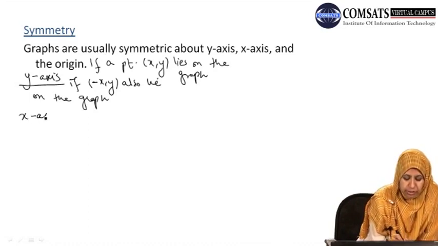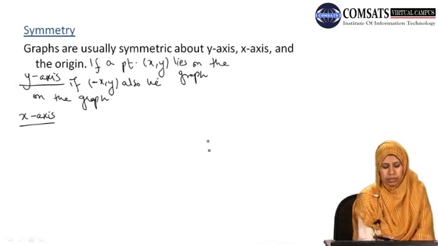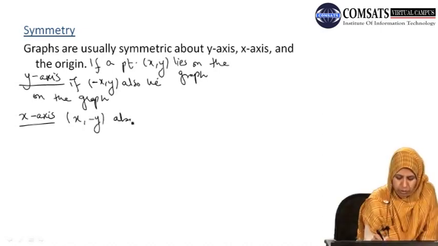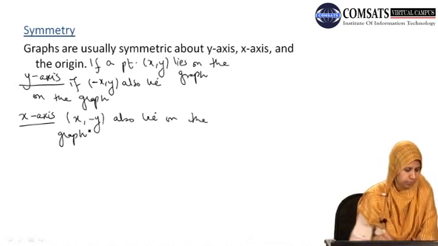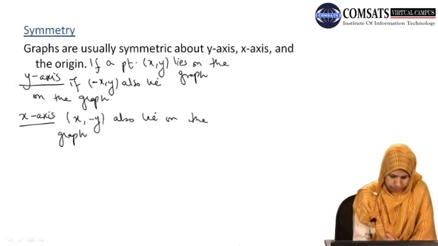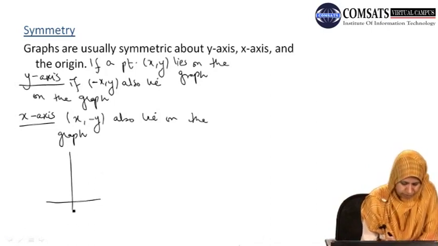Symmetric about the x-axis means that if a point (x, y) lies on the graph, then the point (x, -y) also lies on the graph. Okay. Now the case of symmetric about the y-axis.